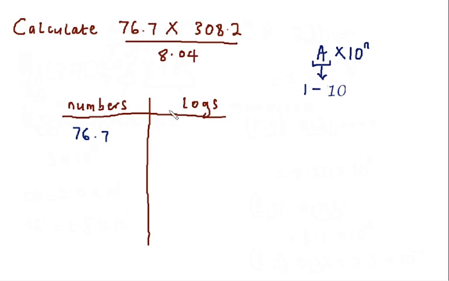So to do that, we say our number is 76.7. Now we know that 76.7 does not fall into this category of 1 to 10. So our task is to make it fall into 1 to 10. So the trick is to move this point.